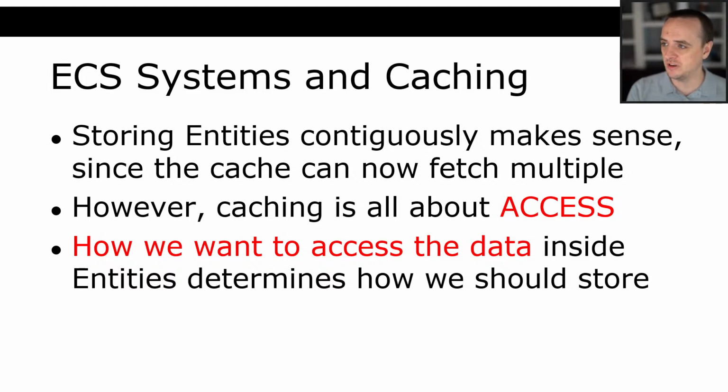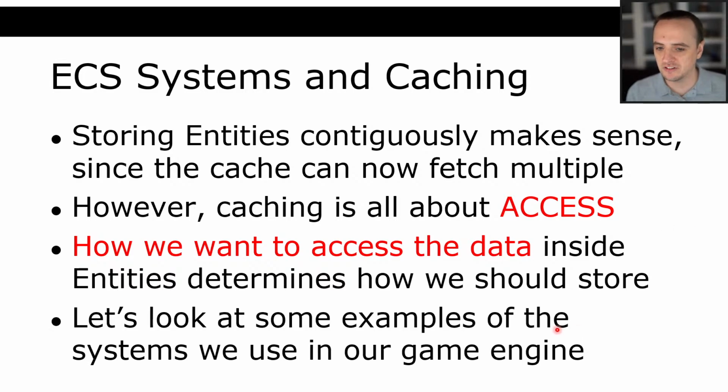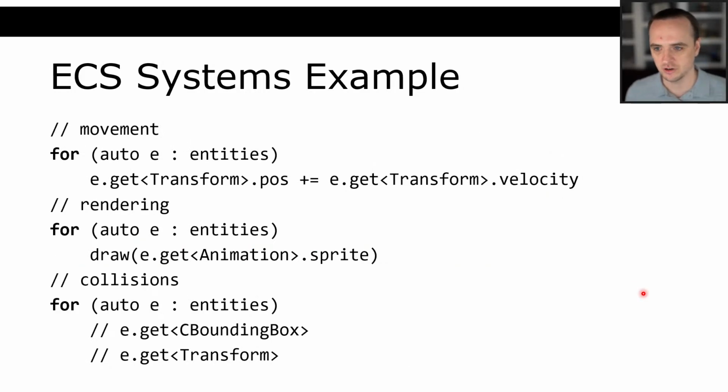And that YouTube video that I linked by Mike Acton at CPPCon, it's all about this, okay? So how we actually access the data is the most important thing for cache coherency. So let's look at some examples of the systems that we actually have in our game to see how we are accessing our data.